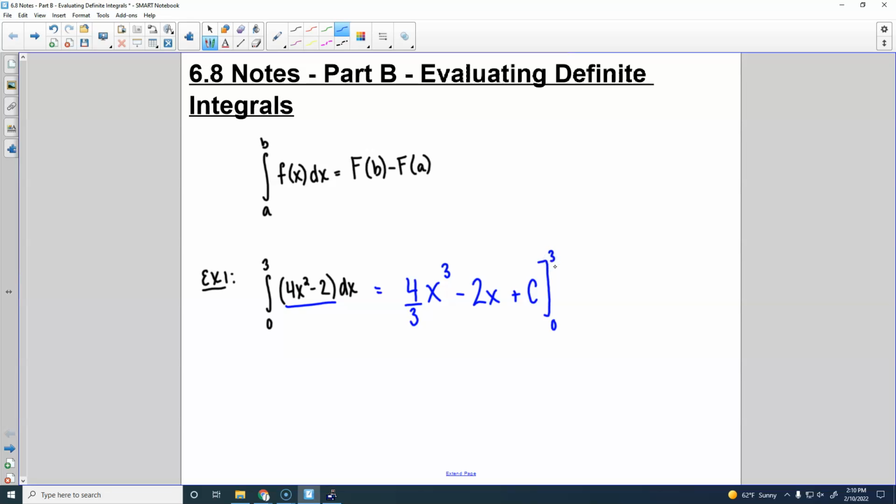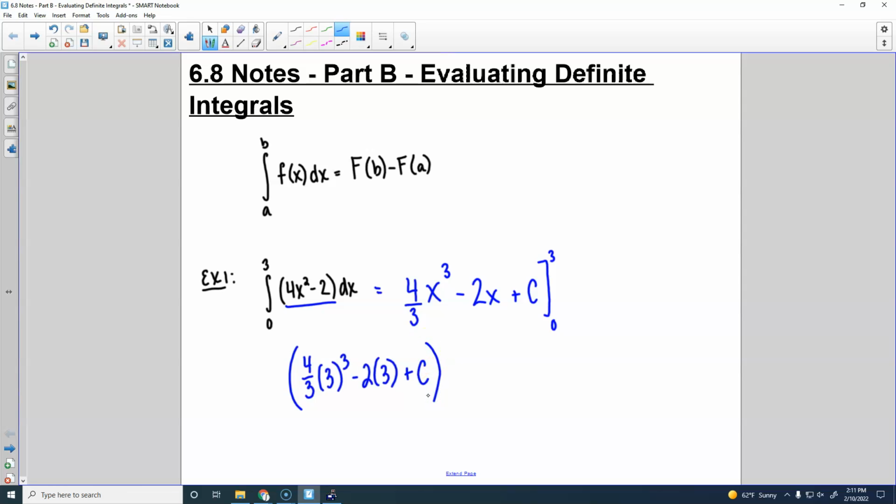Let's look at why it's not necessary. I put this bracket over here with 3 to 0, because we are going to find our F. When we integrate, we do capital F of B minus capital F of A. So for capital F of B, we plug 3 into our integrated equation: 4/3 times 3 cubed minus 2 times 3 plus c.